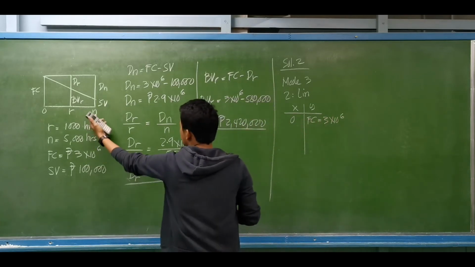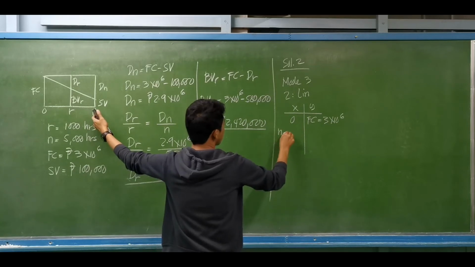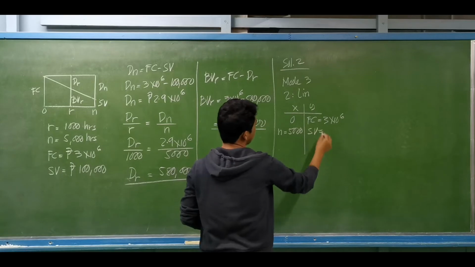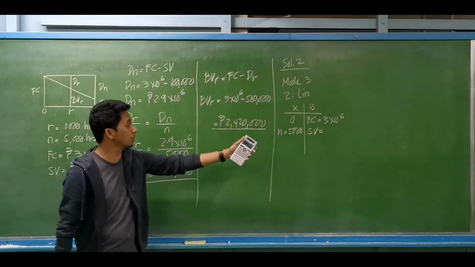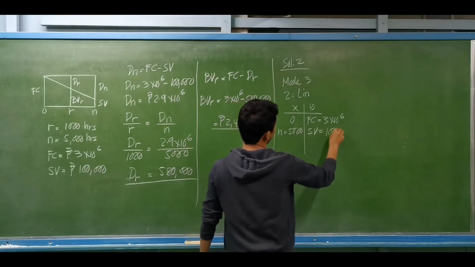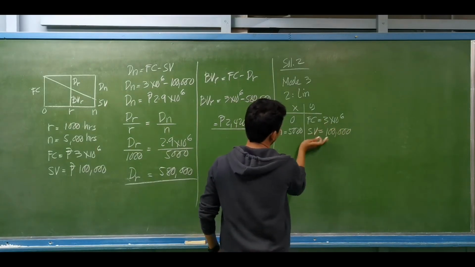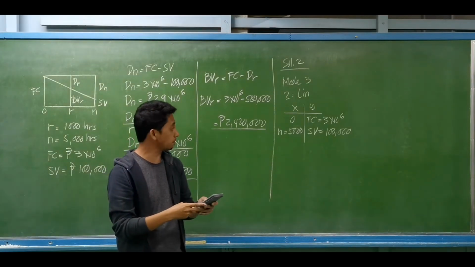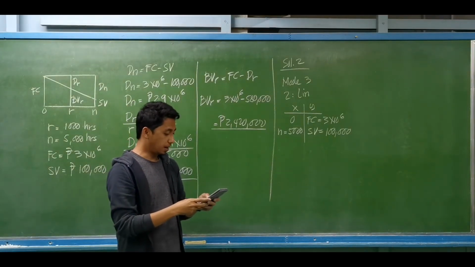Then we have its useful life, N, is equal to 5,000, and the corresponding value at that time will be the salvage value, which is equal to 100,000. So we may enter the data. 0 corresponds to the first cost, then N corresponds to the salvage value.